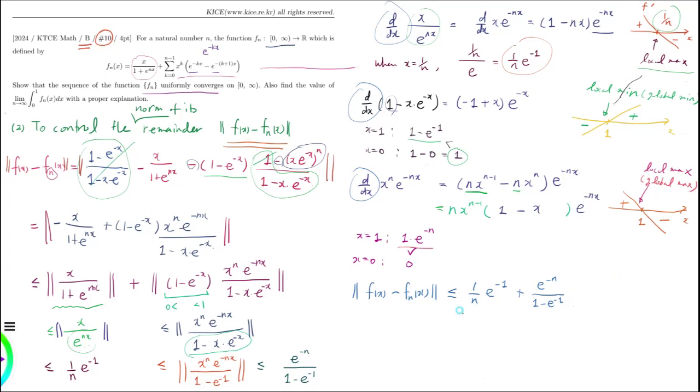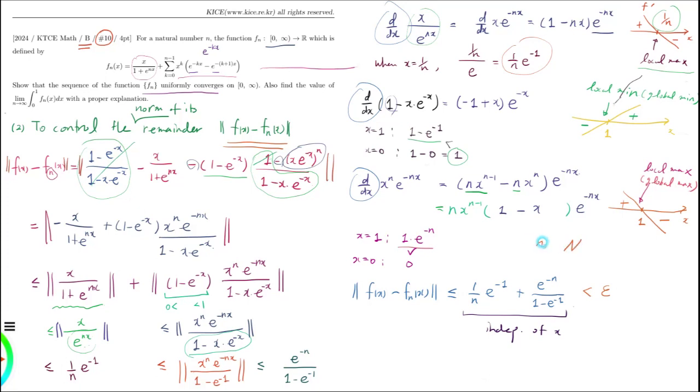So this part is independent of x, which means whenever n is big enough, then this can be small enough, say smaller than epsilon.